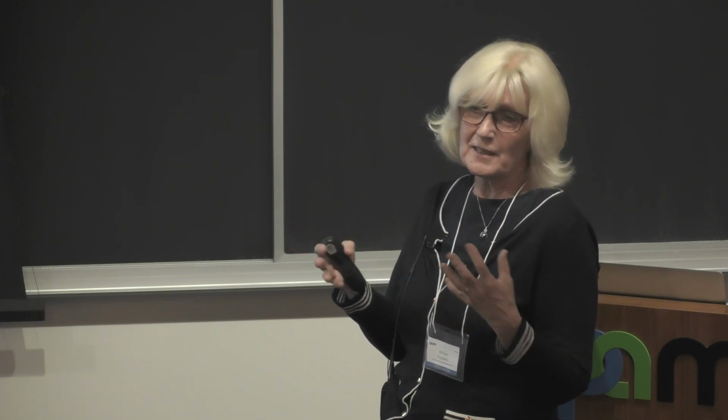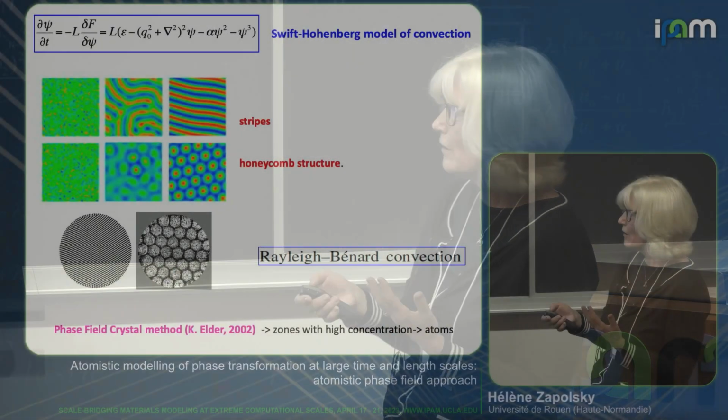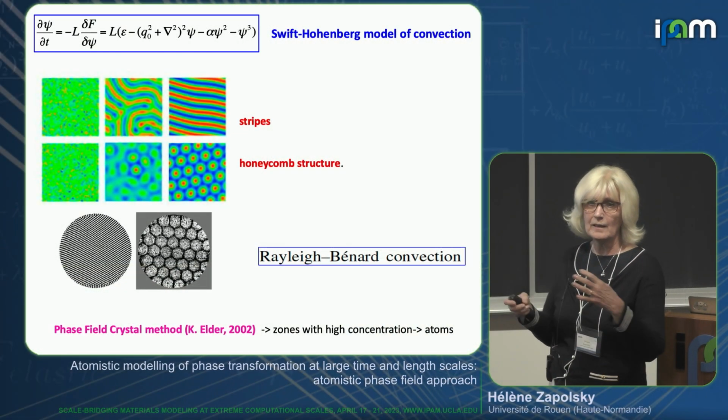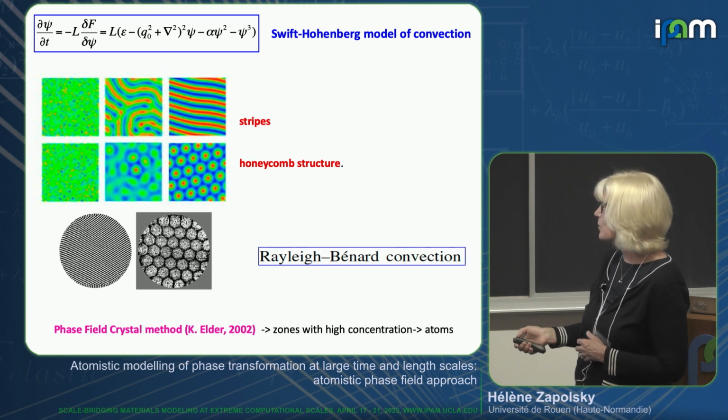Then if we introduce the interaction between these higher concentration zones, we will have atoms which move in continuous space. The idea is very simple but very nice, and this was the beginning of phase field crystal modeling. Now there are a lot of people who use it and introduce some kind of interaction here.